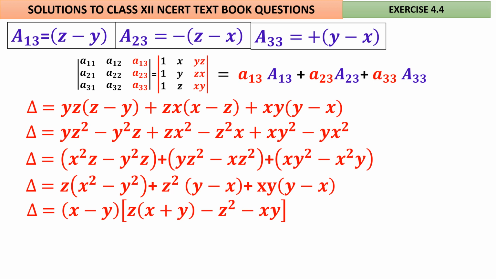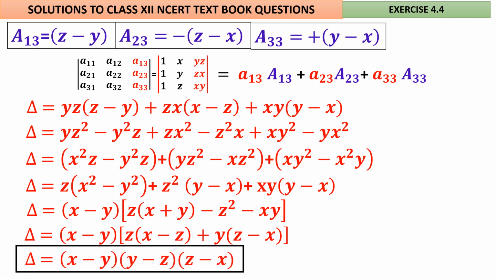The last one, it is minus of xy, therefore minus of x minus y, therefore minus xy. Once again expand, x minus y multiplied by z into x minus z plus y into z minus x. By rearranging the terms once again, our final answer is x minus y into y minus z into z minus x.